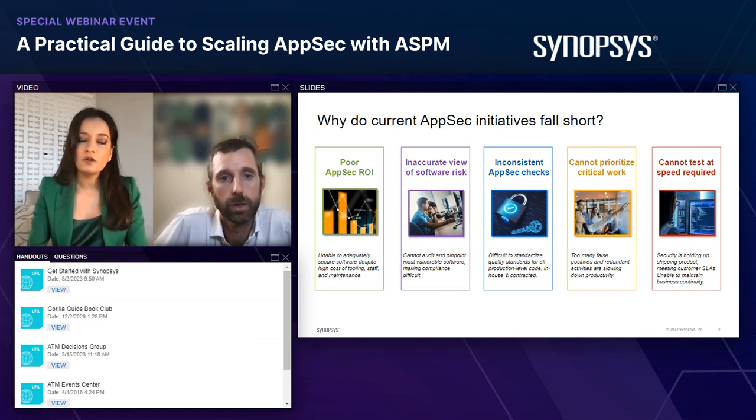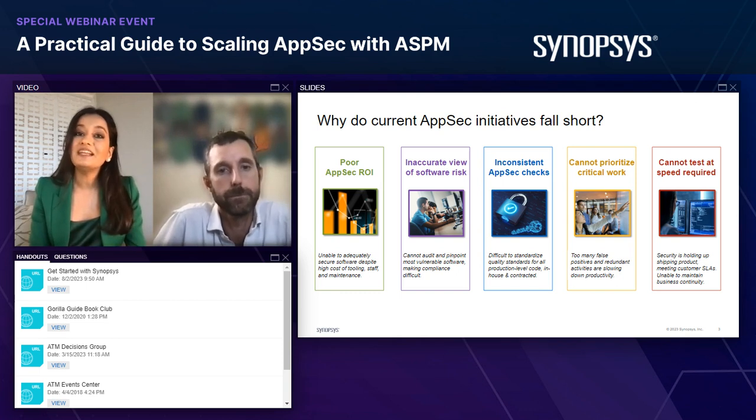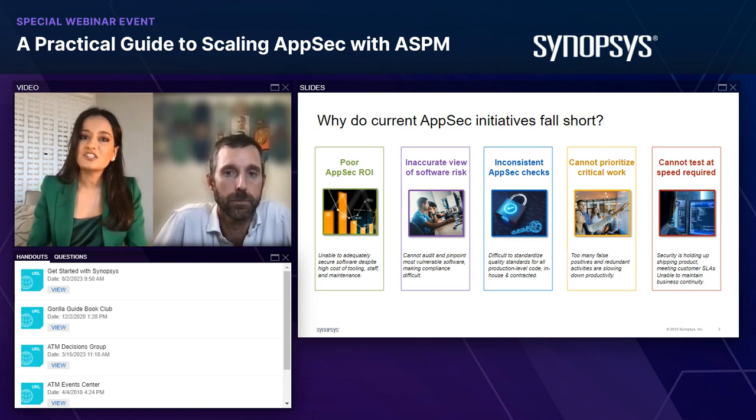And as a result, a lot of times, even though organizations do want to, and we find this across the board when we look at the security landscape, there is a lot of regulatory scrutiny on a lot of the new regulations that have been passed in being able to maintain that level of security standard and software quality, but there's an inability to keep up with those standards in conjunction with meeting certain customer SLAs, maintaining that business productivity and business continuity, and being able to ensure developer productivity.